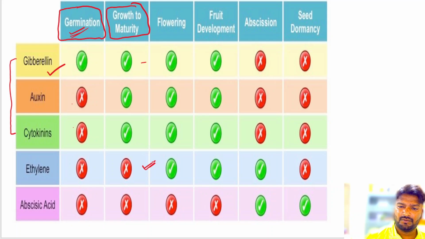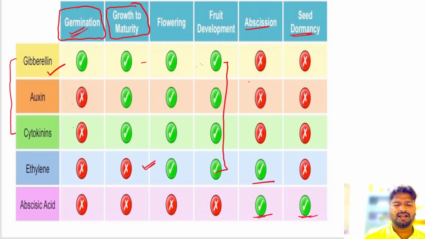In flowering and fruit development, gibberellin, auxin, cytokinin, and ethylene, these 4 hormones are important. In the abscission process, ethylene and abscisic acid have an important role. In seed dormancy, abscisic acid has an important role. So these are the major functions of these hormones.